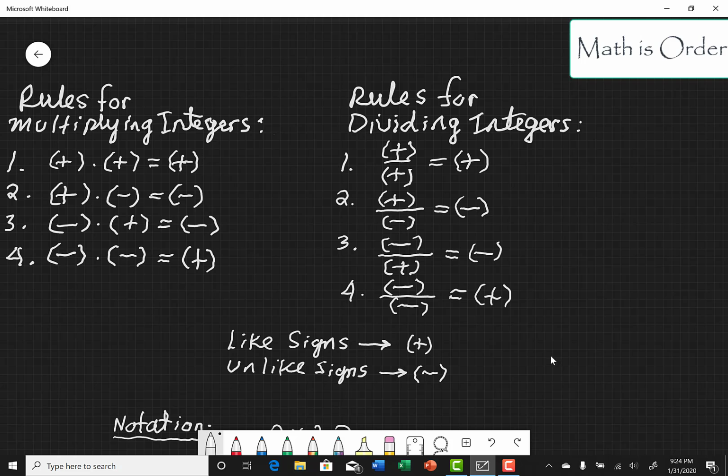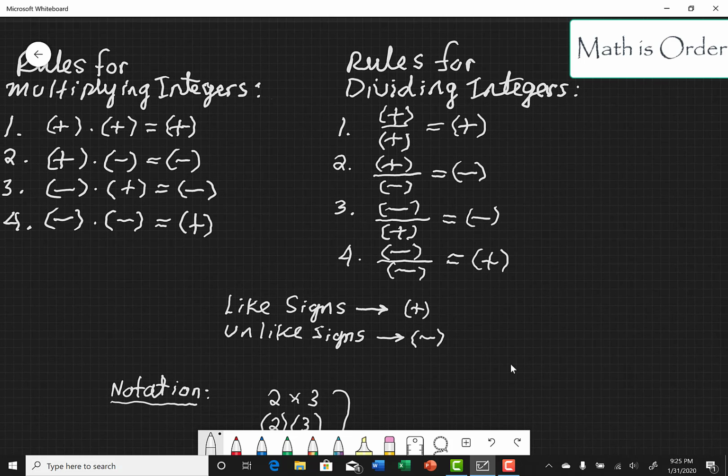And you can notice here that when you're multiplying or dividing integers, if the integers have like signs, then the result will be positive. Whereas if the integers have unlike signs, the result will be negative.